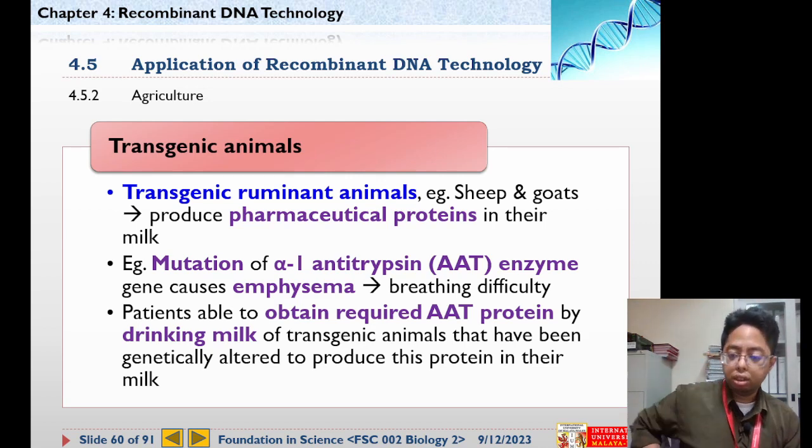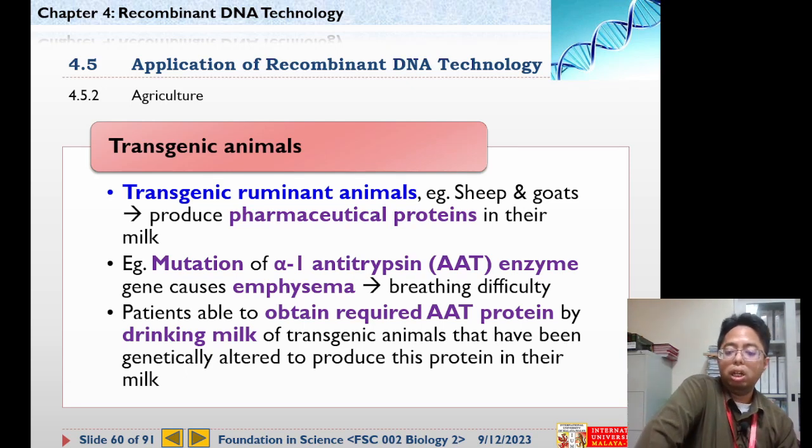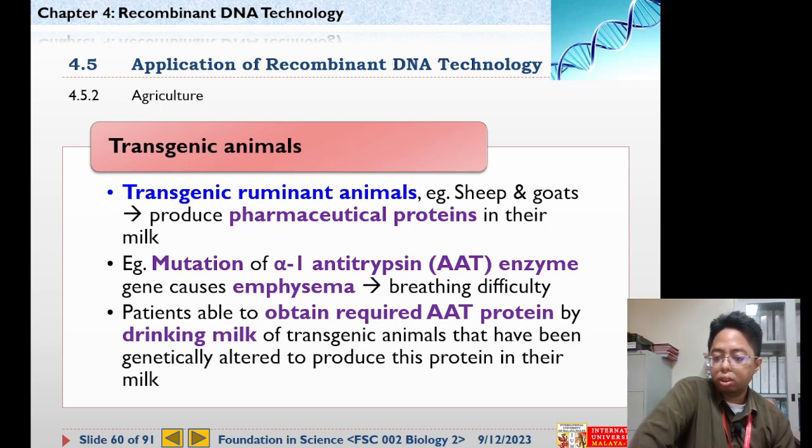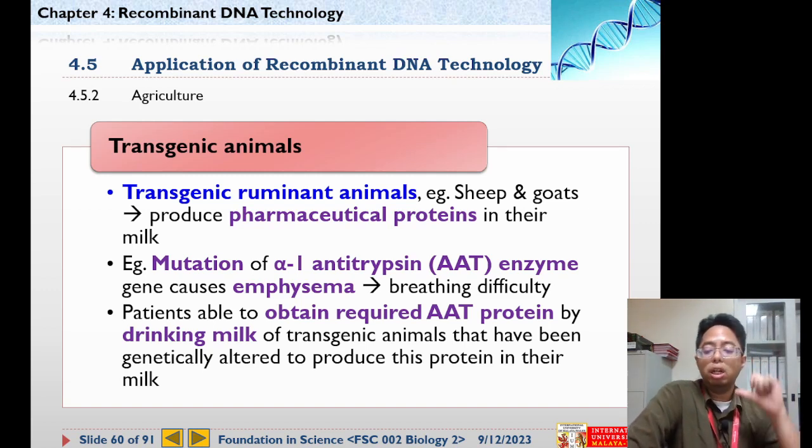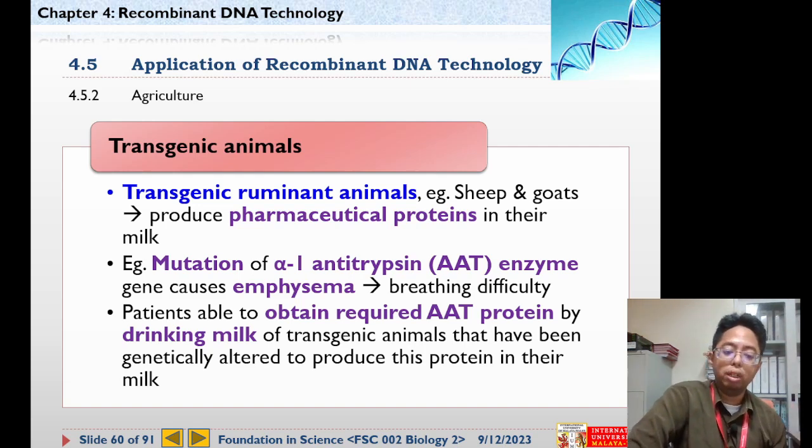For example, some people who have a mutation of alpha-1 antitrypsin get a disease called emphysema, or breathing difficulty. So where do you get this cure? By drinking the milk of the goats or cows that have the transgenic gene within them. So that's a way to get AAT protein: by drinking the transgenic animal's milk.